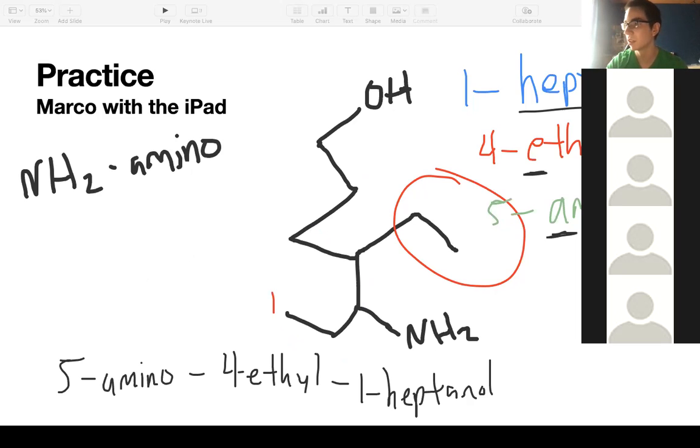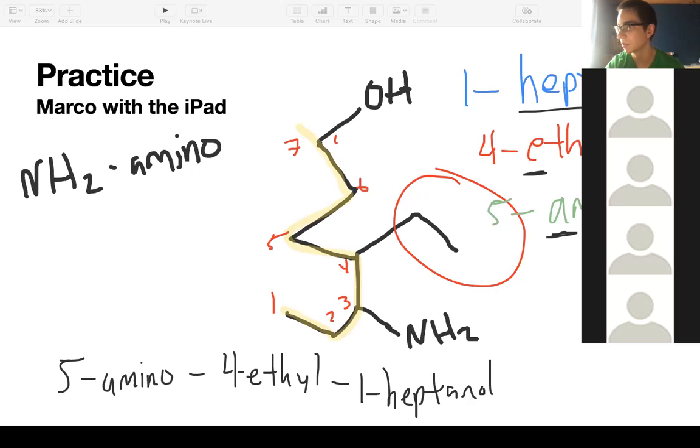So we've identified our longest carbon chain to be 7 long, and it follows this pattern right here. So we're going to try and number it. So 1, 2, 3, 4, 5, 6, 7. And on the other side, let's do 1.